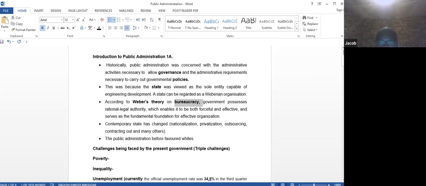So it was concerned with governance, but with time, people realized that public administration can no longer remain an issue of governance by the state only, because historically the state was the sole provider of public administration.